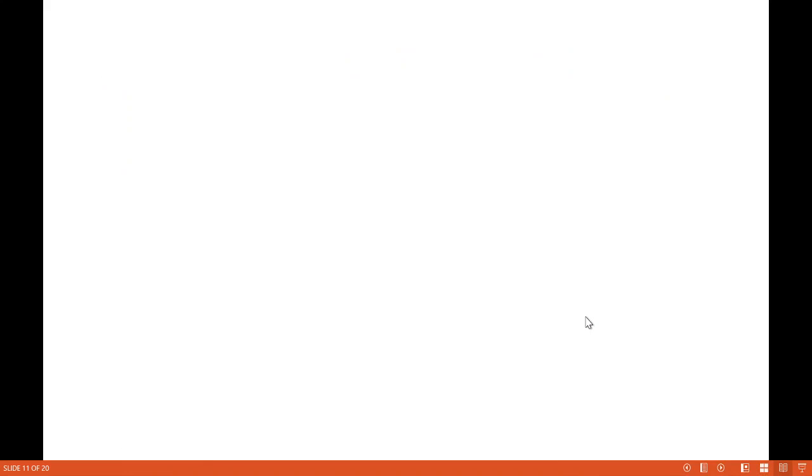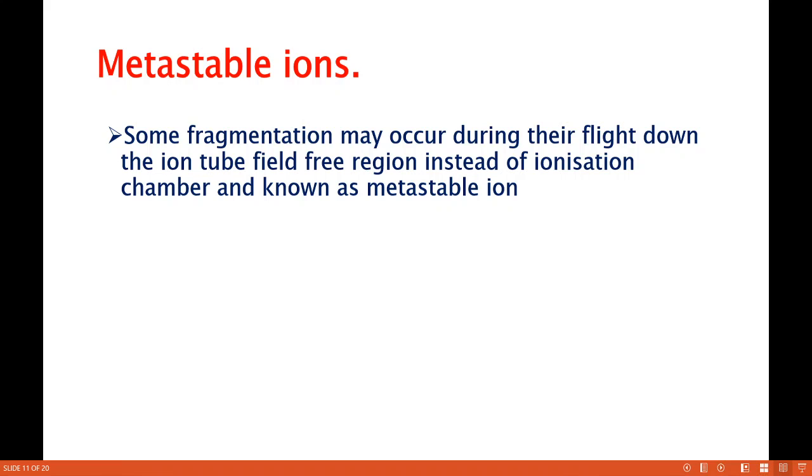Then the second one is the metastable ion. Some fragmentation may occur during the flight down the ion tube, in the field free region instead of the ionization chamber, and it is known as a metastable ion. What does it mean? Generally ions are produced in the ionization chamber, as we have seen in the previous lecture.